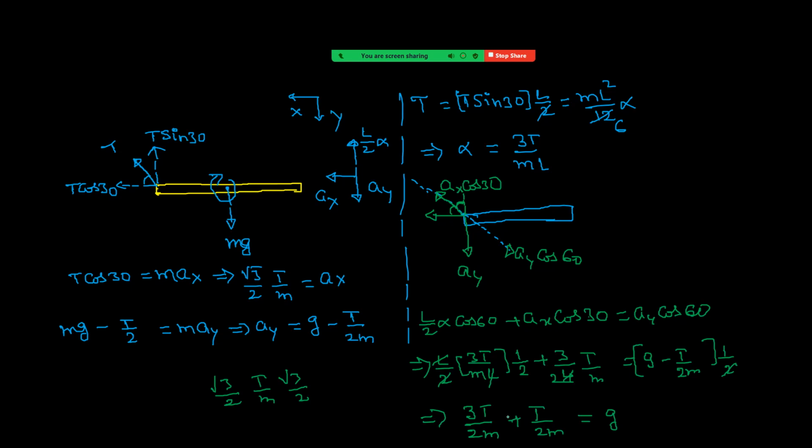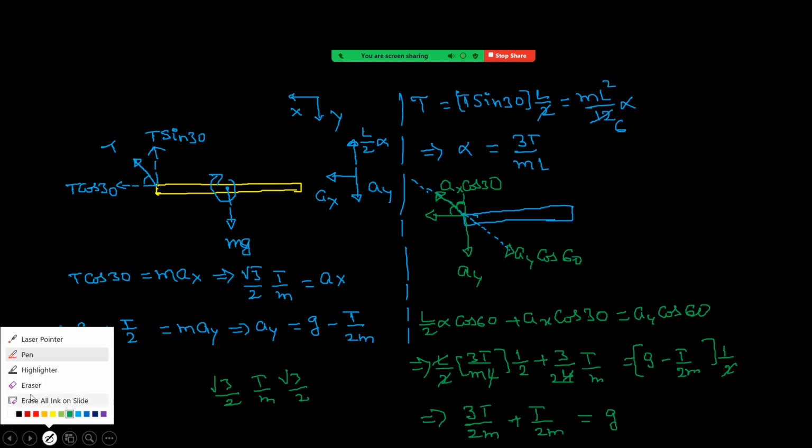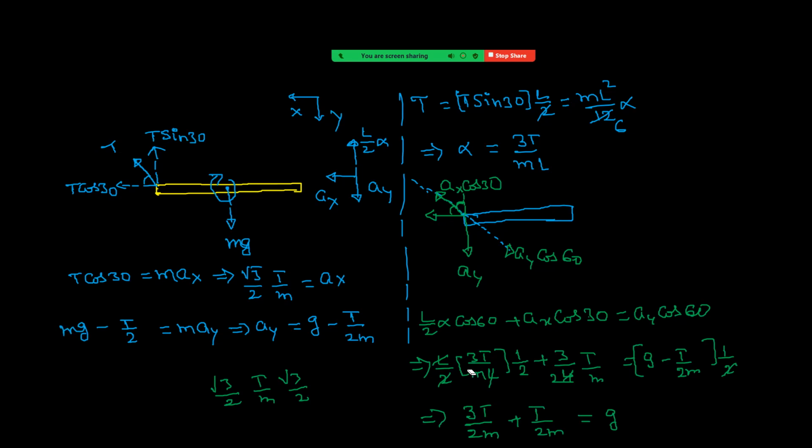Cross check the calculation we have done. 3 by 2 plus 1 by 2 is 2, so 2T by m. But I think here the calculation went wrong. Cross check once.